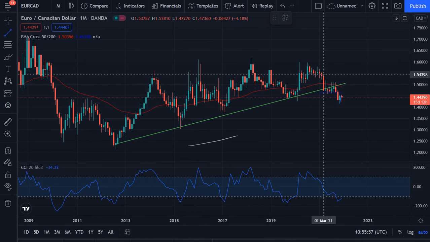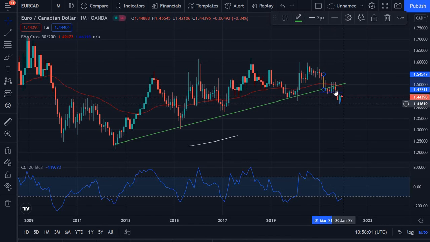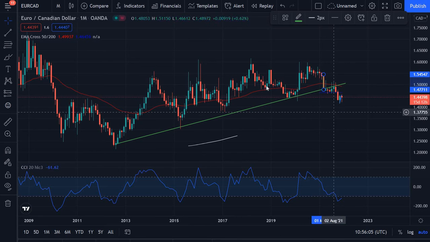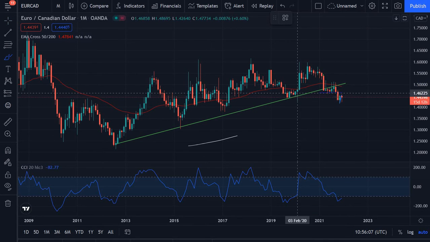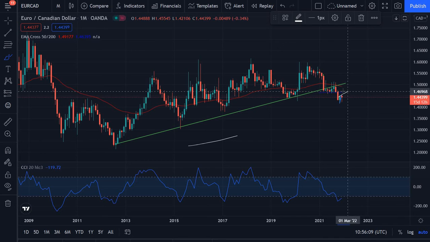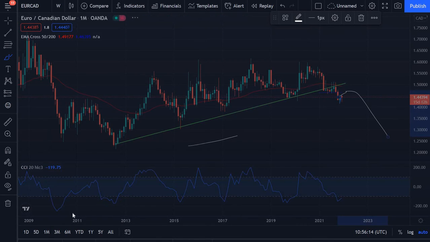This trend line here, we had a pretty bearish push to the downside. Now we are breaking this trend line, so it looks like we will continue to head lower. Here we might see a bit of a movement to the upside, kind of retest this area and then pull lower to the downside again.